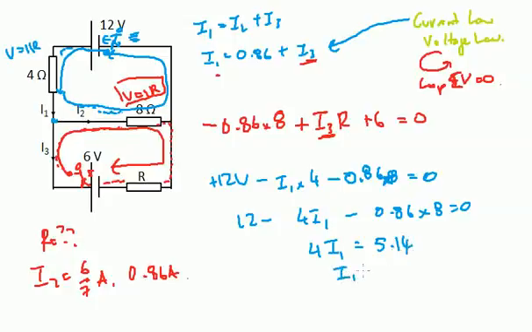So I get I1 equals 1.28 amps. Okay, that's cool. Now I've got I1. I know I1 equals 0.86 plus I3, so now I can say I3 equals 1.28 minus 0.86, and I get 0.428 amps.